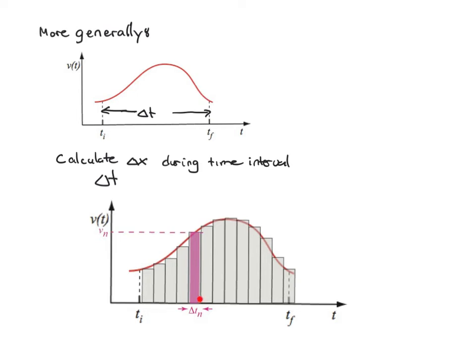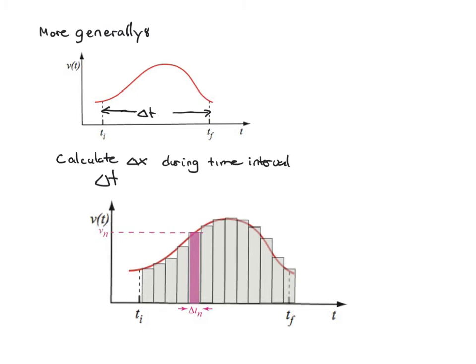Well, since this time interval is relatively short, the velocity of the object doesn't change very much during that time interval. And so we can treat the velocity during this short time interval as essentially constant. And then we can just make use of the result that we had from the previous case.